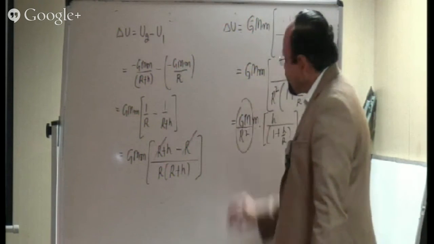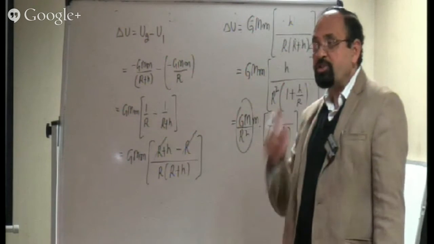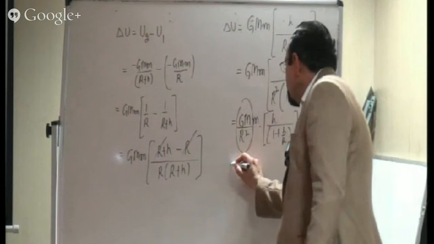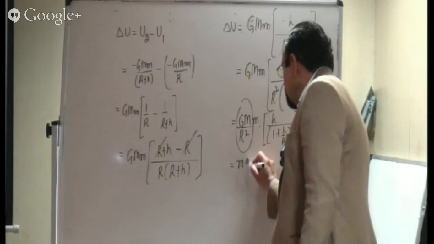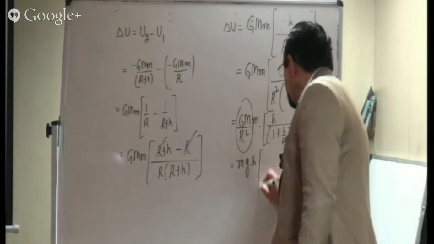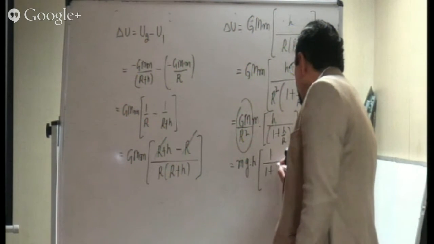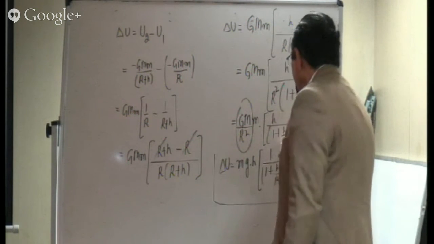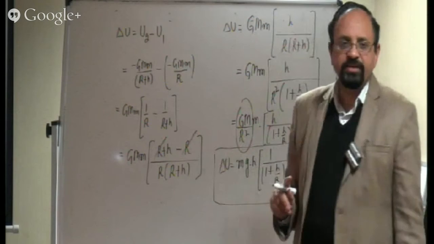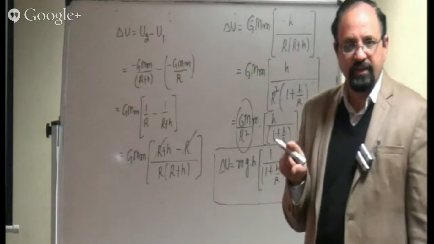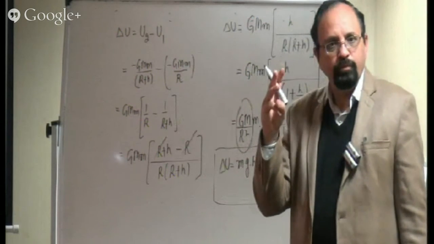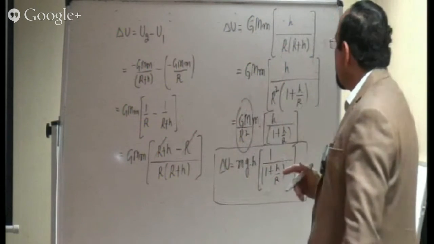Can you recognize this? This is small g, the acceleration due to gravity on the surface of Earth. Let's put this as m first, g later, h here, 1 divided by 1 plus h by R. In fact, this is the exact expression for the potential energy difference between two positions for a particle of mass m.